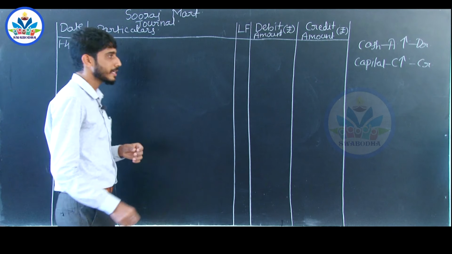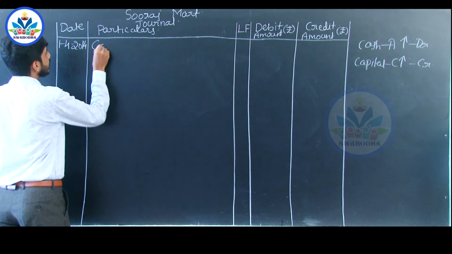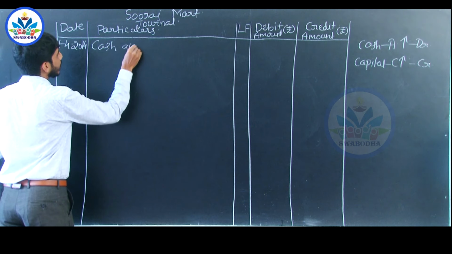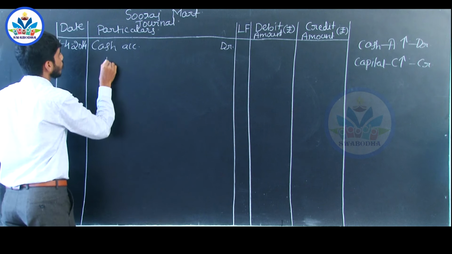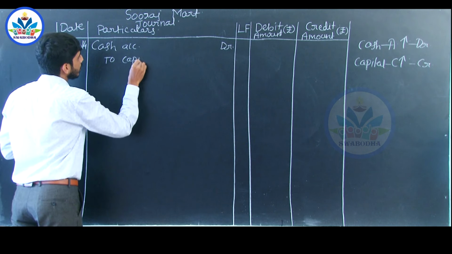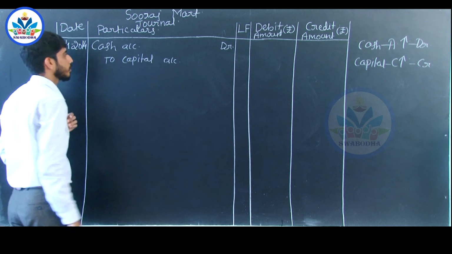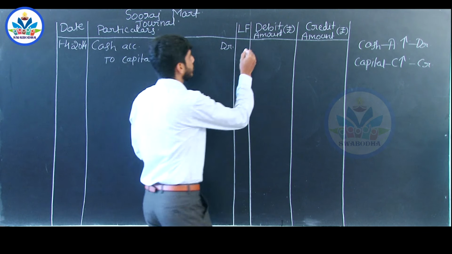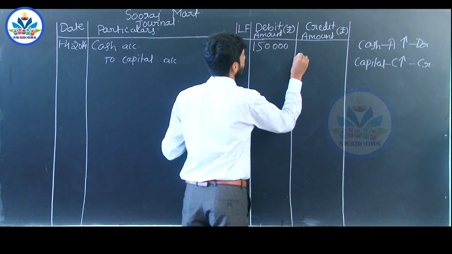So now pass the journal entry. The account that has to be debited is cash account debited to capital account. Amount is 1,50,000.